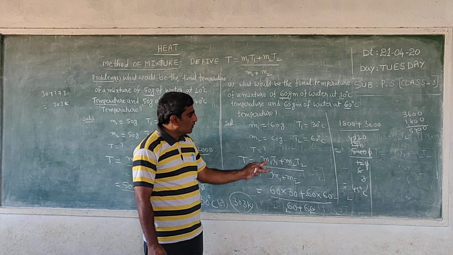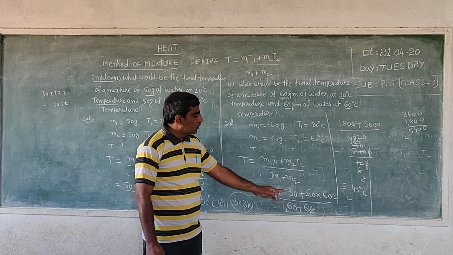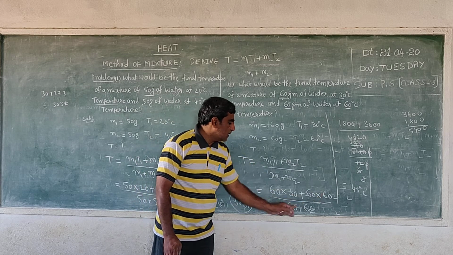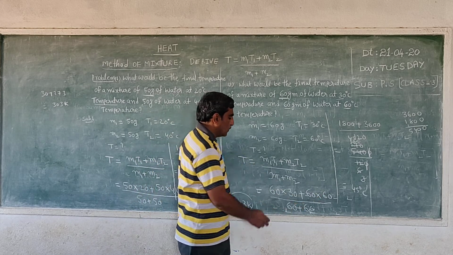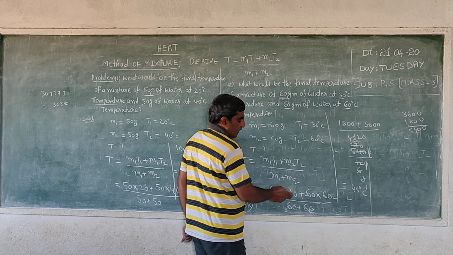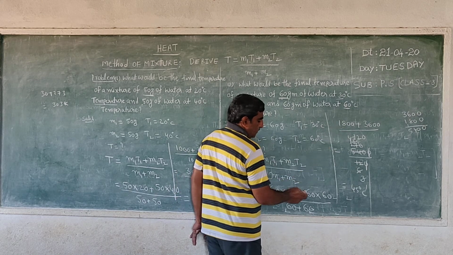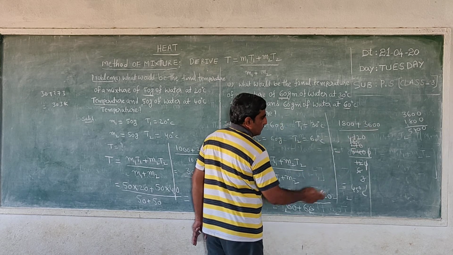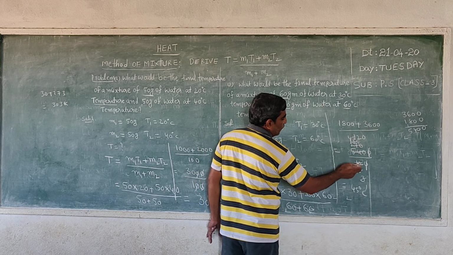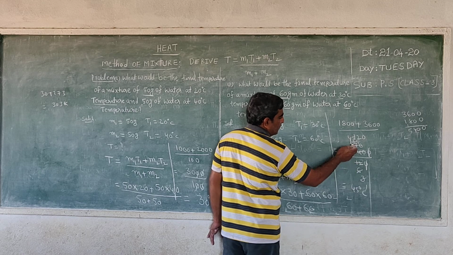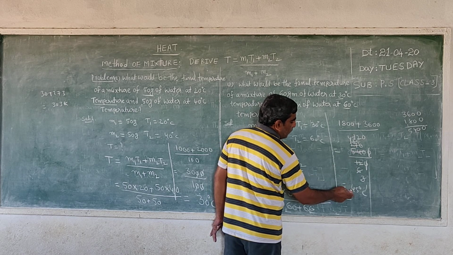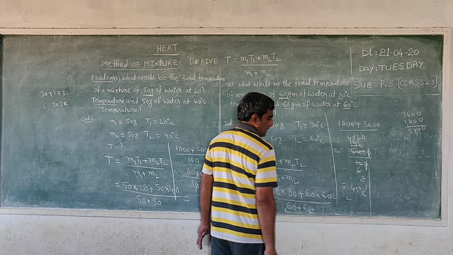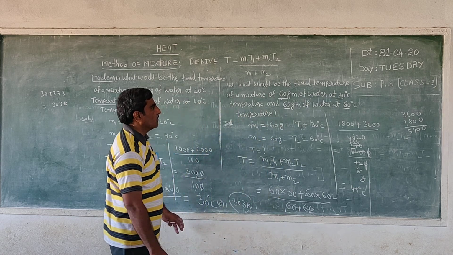So we can substitute these values: 60 into 30 plus 60 into 60 by 60 plus 60, that is equal to 1800 plus 3600 by 120. So we can calculate and cancel, and we find 45 degrees Celsius. So this is the final temperature of the mixture.